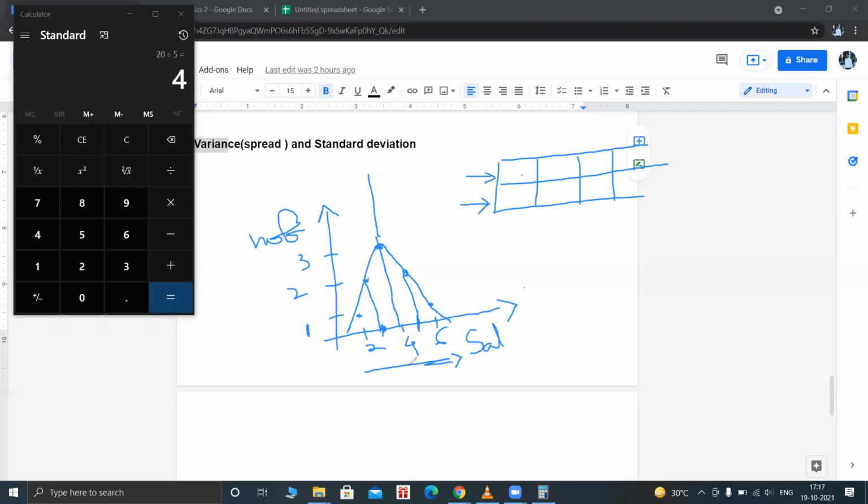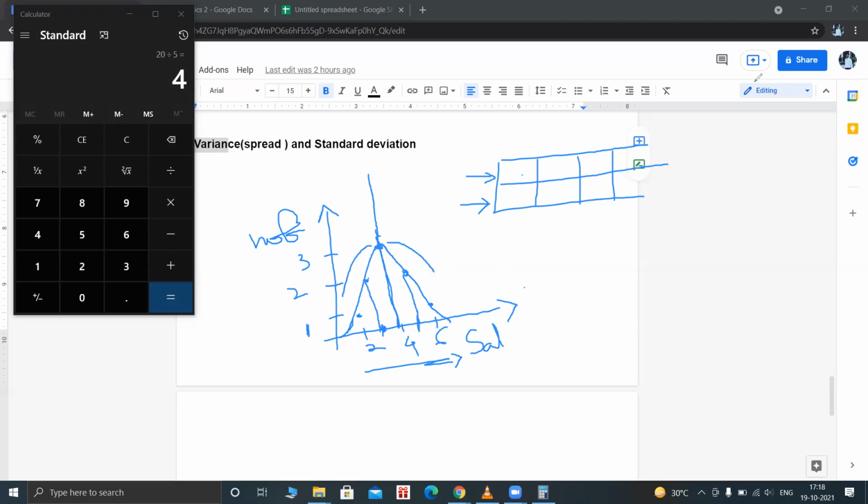If you observe this diagram, it is symmetrical about the one line you draw through the mean, at 4. If you draw a perpendicular line at the mean value, your diagram is symmetrical, right? So this part and this part are both the same.